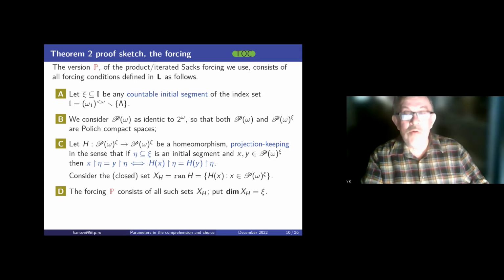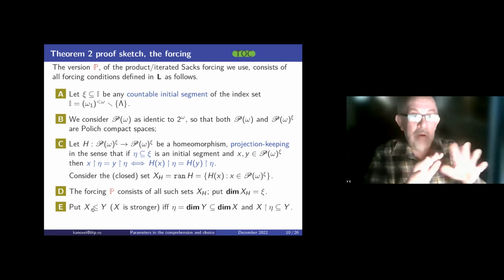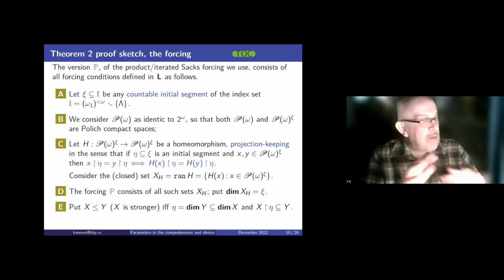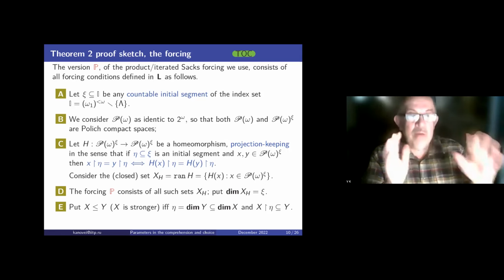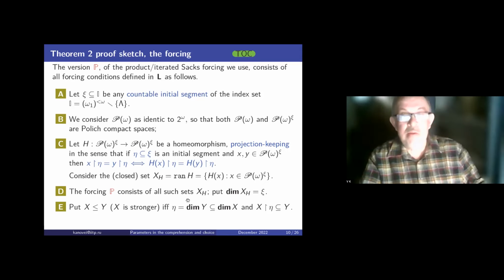This is not a sort of topological dimension, but rather kind of structure dimension. All of them are 0-dimensional, of course. And the order. So stronger means that it has a bigger dimension, but in that dimension it is slimmer. That is the dimension.